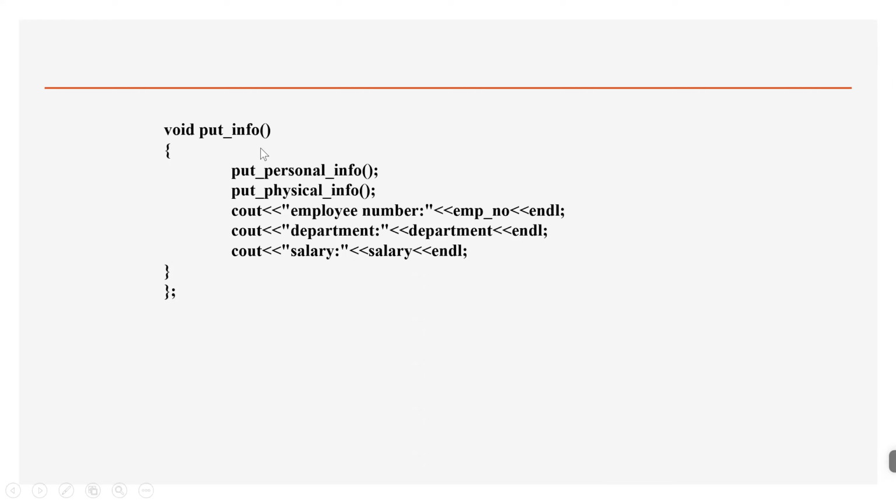Now, put info is used to display all the details: personal info, physical info, along with the employee number, department, and salary. So this is a member function of the derived class called salary.